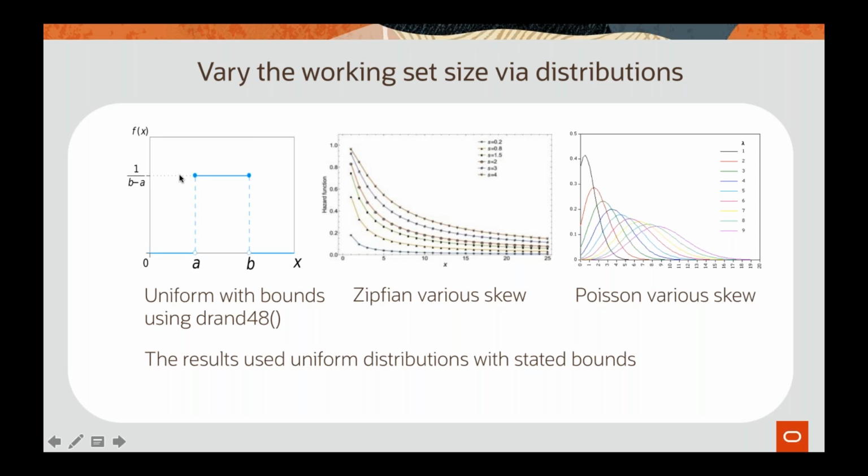I'm going to show you the results of this technique. I also did similar things with different distributions, just to see if the type of distribution affected the results. The interesting thing was it didn't really affect the result no matter what distribution I used. I'll come back to that.